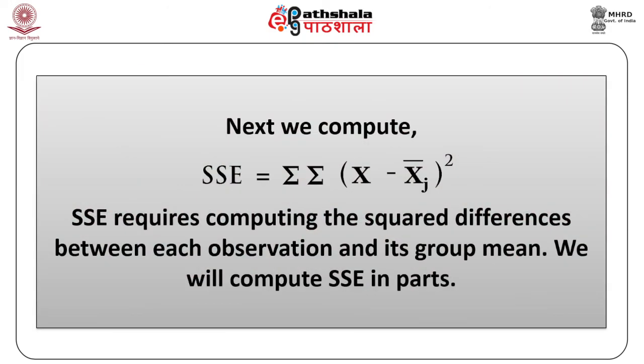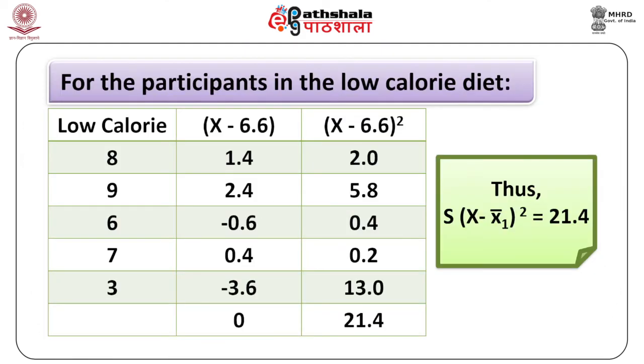Next, we compute SSE, which is the summation of x minus x bar j whole squared. SSE requires computing the squared differences between each observation and its group mean. We will compute SSE in parts. For participants in the low-calorie diet, we have x minus 6.6 and the third column showing x minus 6.6 whole squared. Thus, summation x minus x1 bar whole squared equals 21.4.